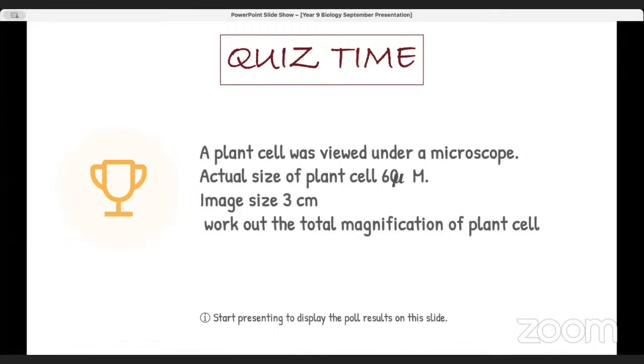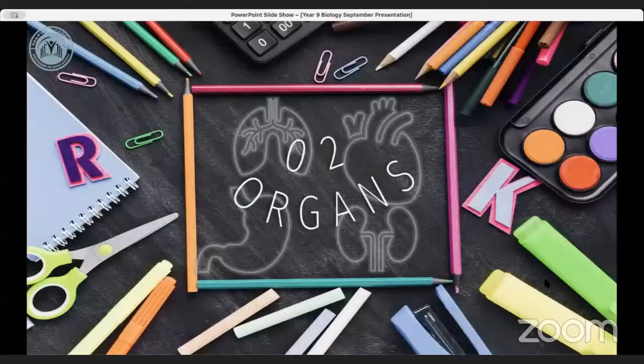So the magnification will be times 500, right? Clear? That finishes our first module.